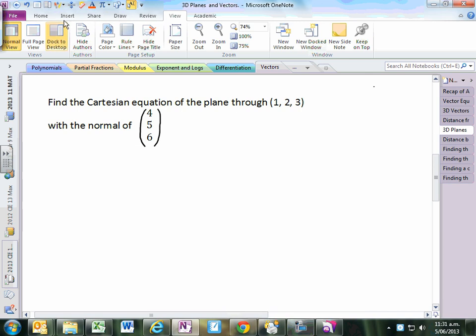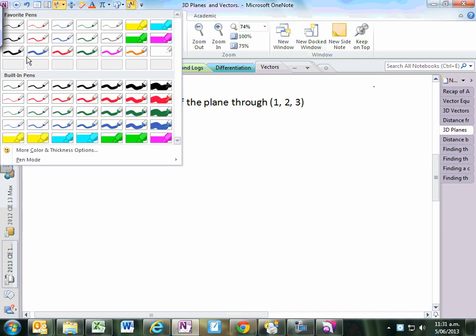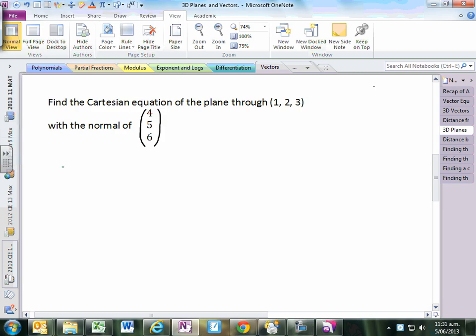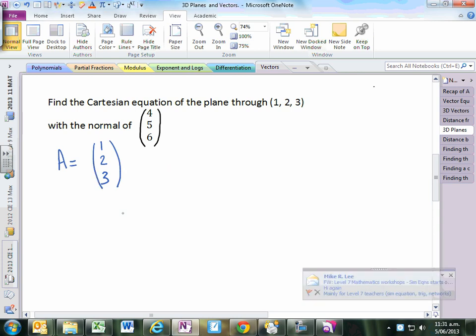So we know that we've got the point a, which has the positional vector 1, 2, 3. Actually, it's not a capital A, it's a small a. That's our positional vector for that point that we've been given on the plane. We've also been given the normal, which is this vector 4, 5, 6.